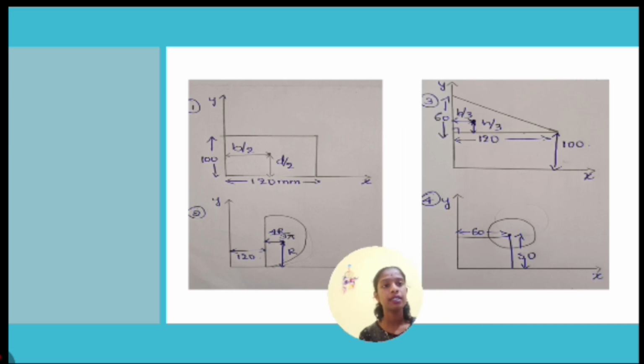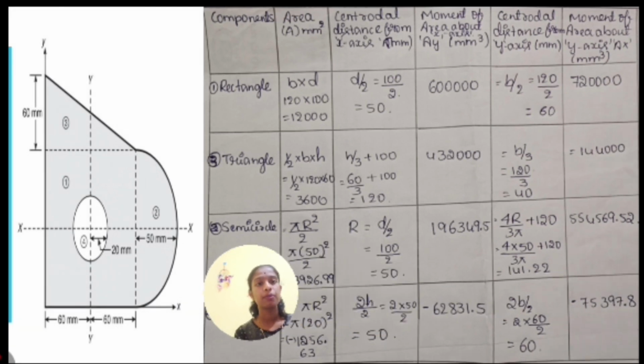For the third component, the triangle, from the x-axis we have 100 plus h by 3 and from the y-axis we have b by 3. For the fourth component, the circle, there is no need to worry because the circle is exactly located at the center. So let us solve the problem.